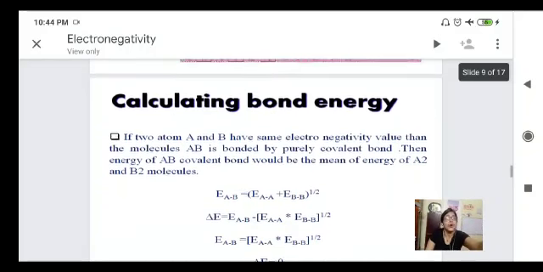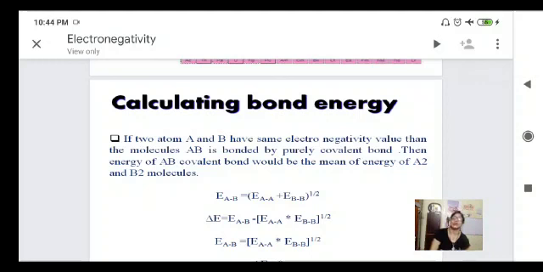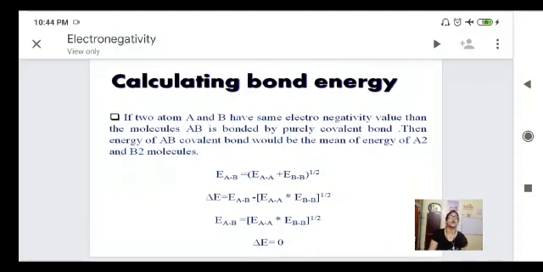Now, how to calculate this bond energy? If two atoms A and B have the same electronegativity value, then the molecule AB is bonded by a purely covalent bond, as we discussed at the beginning of this presentation. Then the energy of the AB covalent bond would be the mean of the energy of A2 and B2 molecules. That is, EAB equals EAA plus EBB by 2.